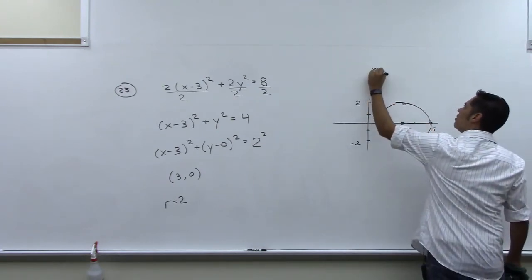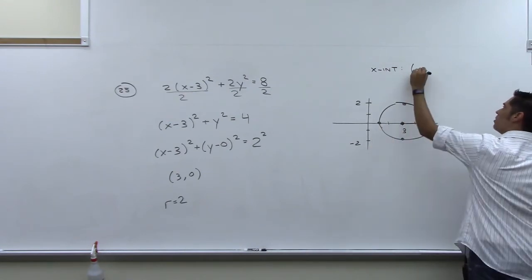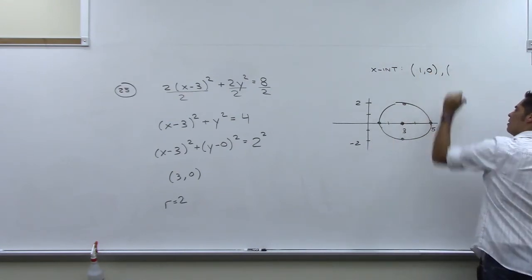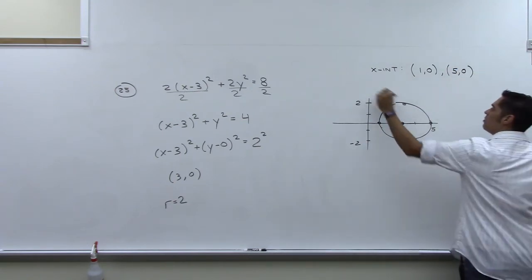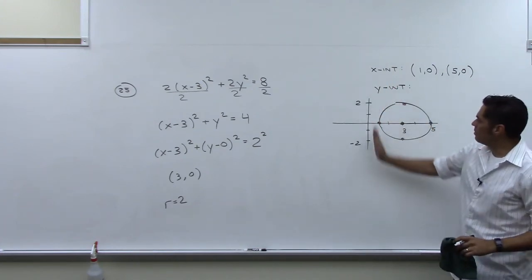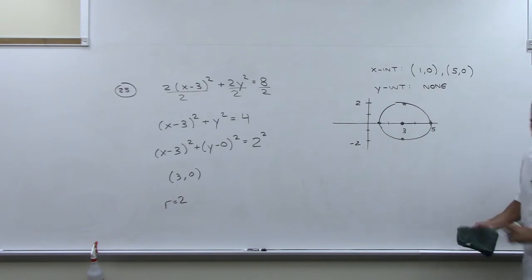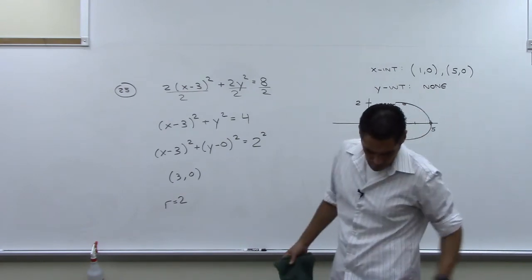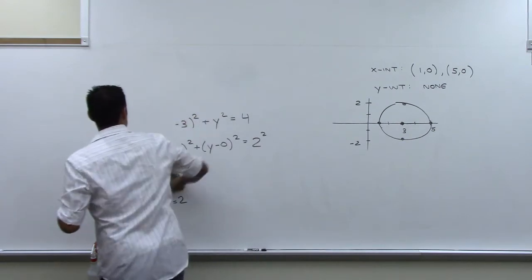I have x-intercepts: this point right here, which is 1, 0, and this point right here, which is 5, 0. And in terms of y-intercepts, you can see that I never hit the y-axis. So, none. All right, 27. Now we're getting something interesting.